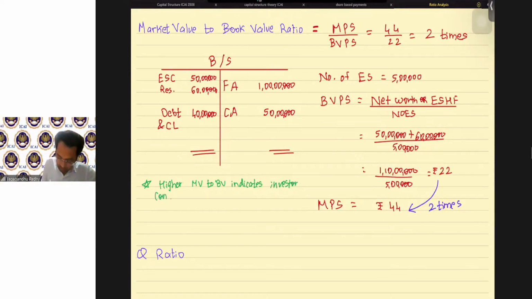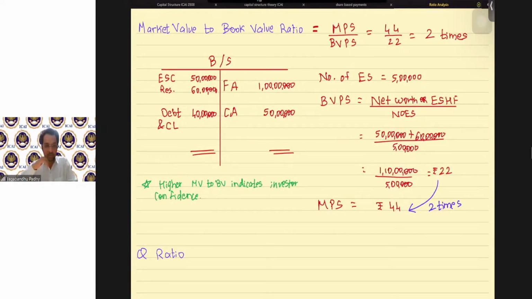I can say investors have greater confidence in this company, and therefore they're ready to pay double the book value. And you can observe that, from any company's point of view, all the good companies have this market value to book value ratio as a higher figure, right?